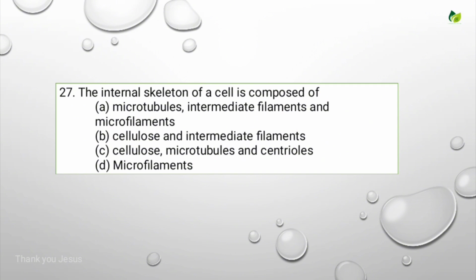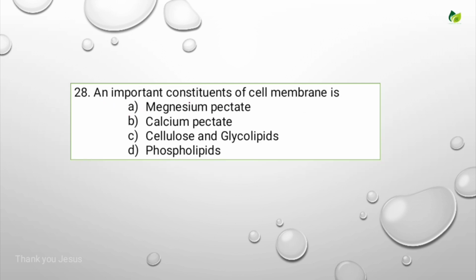The internal skeleton of a cell is composed of: microtubules, intermediate filaments and microfilaments; cellulose and intermediate filaments; cellulose and microtubules and centrioles. For this the correct answer is microtubules, intermediate filaments and microfilaments. Let's see the next question.